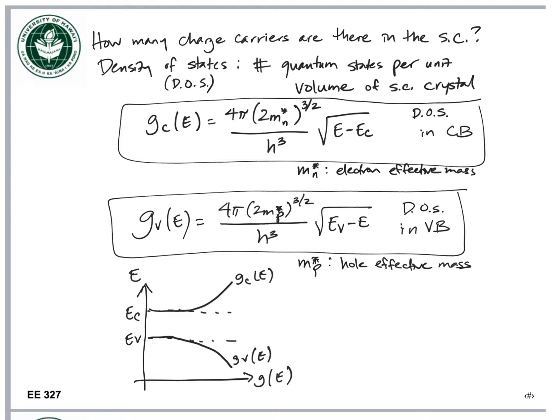But not all of these energy states are occupied by an electron or a charge carrier. So we still don't know the answer to the question at the top of this slide, which is how many charge carriers are there in the semiconductor. We know theoretically an upper limit on how many charge carriers there could be, but we don't know if there are charge carriers there or not.